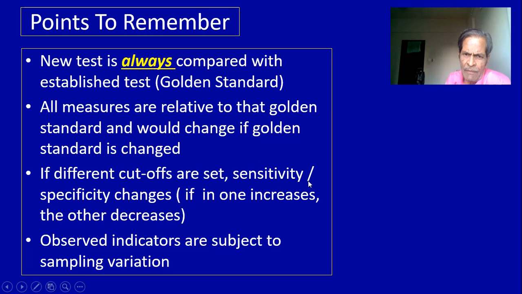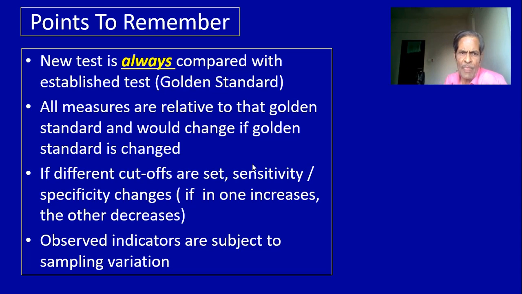For the new diagnostic test, therefore, if different cutoff points are set for diagnosing a person as having the disease or not having the disease, then the indicators of sensitivity and specificity will change. The observed indicators are also subject to sampling variation.